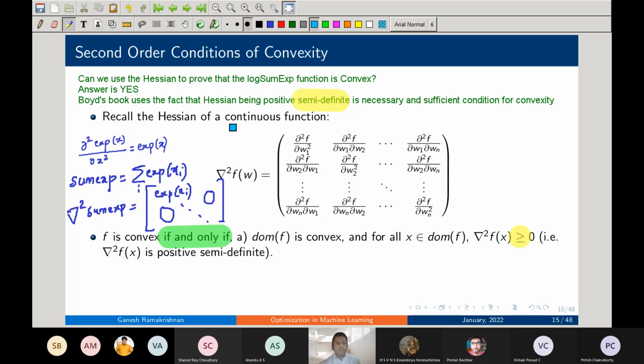This is how you can derive it. Now, what about log sum exp? Sum exp is fine, but for log sum exp, what would happen? Anyone?